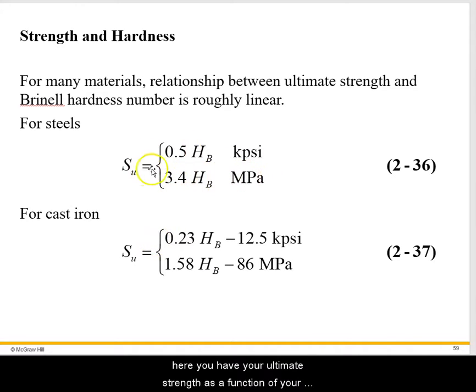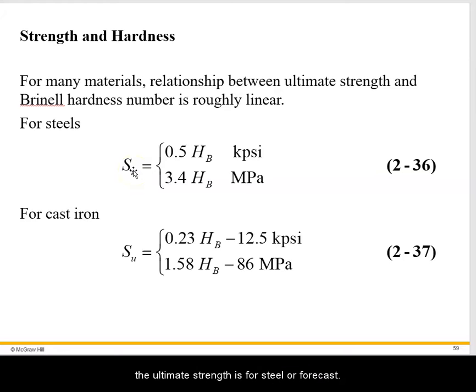So you have your ultimate strength as a function of your Brinell hardness number, and the same thing here for cast iron. If I know my ultimate strength, I can determine my Brinell hardness number, and vice versa. If I know my Brinell hardness number, I can determine what the ultimate strength is for steel or for cast iron.